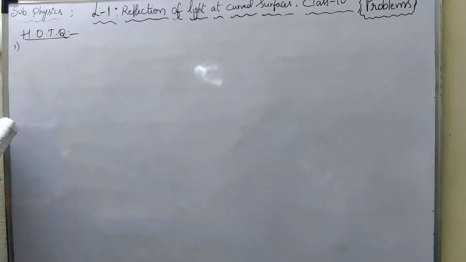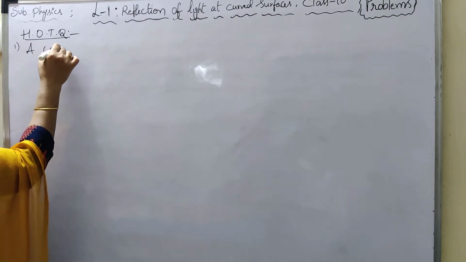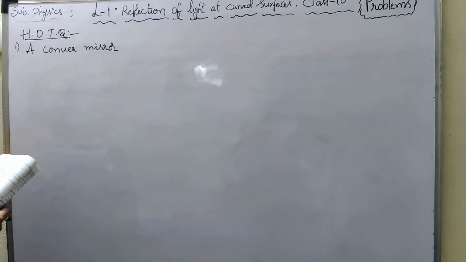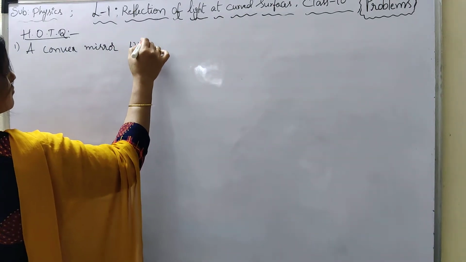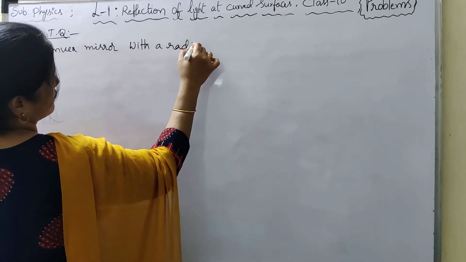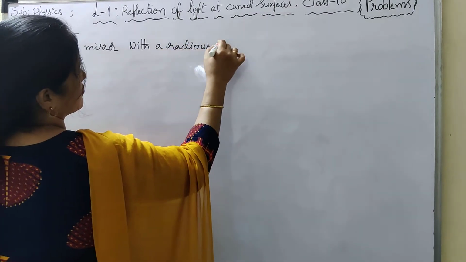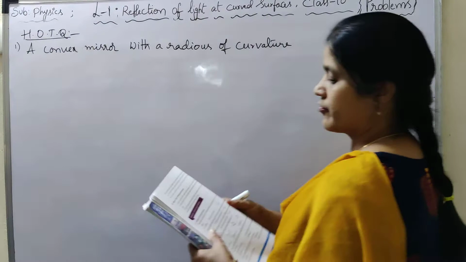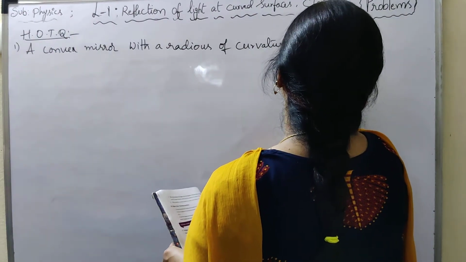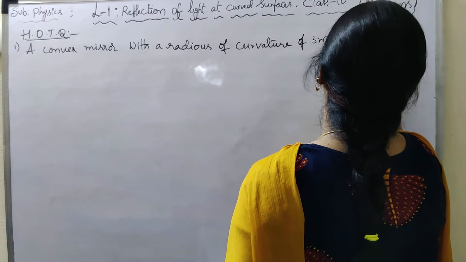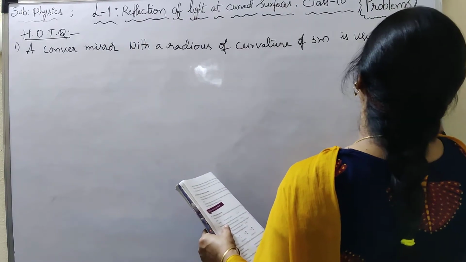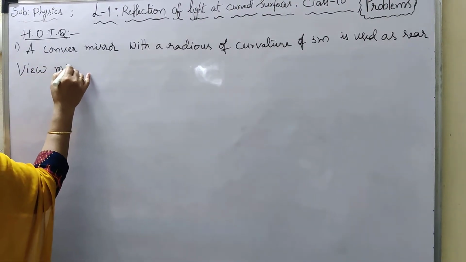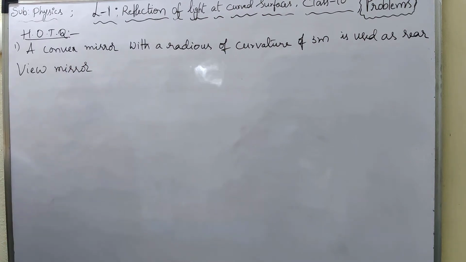In that first one, a convex mirror with a radius of curvature of 3 meters is used as a rear view mirror for a vehicle.